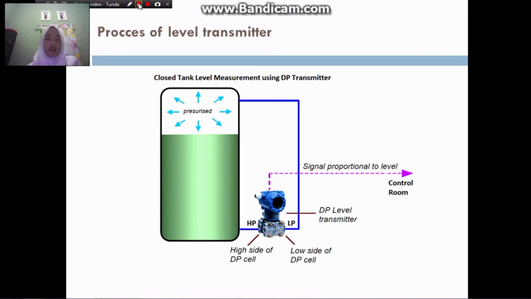And put the water in the tank and you can read the pressure in the control room. You can use the high side of the DP cell or the low side of the DP cell.